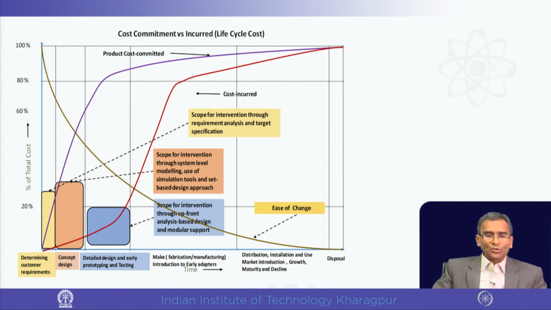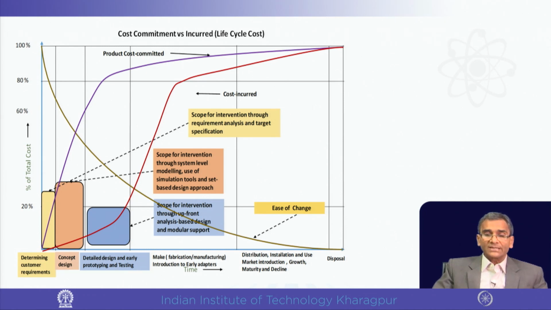And for these three different areas, determining customer requirements, with a dotted line you see the scope of intervention through requirement analysis and target specification, and how this can be addressed.